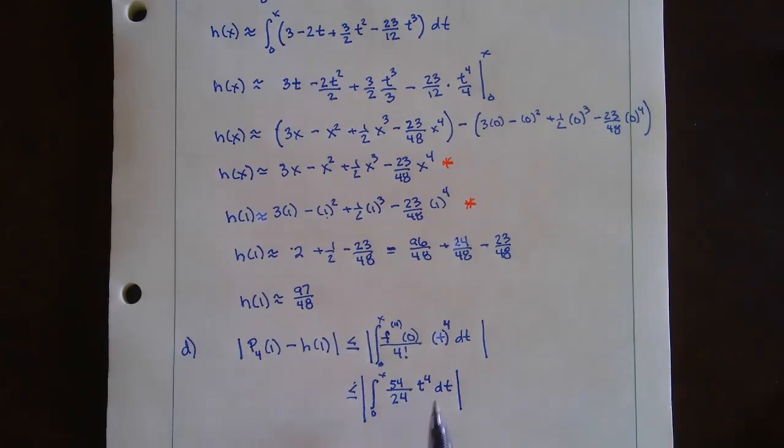Okay, so when we integrate this, this would be less than or equal to 54 over 24 times t to the fifth over 5, okay? And we're going to evaluate this from 0 to x, okay?